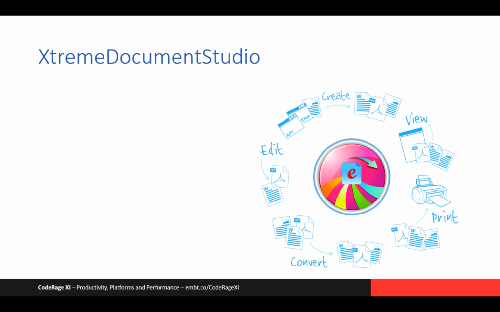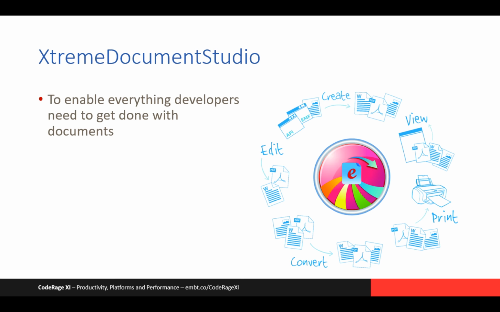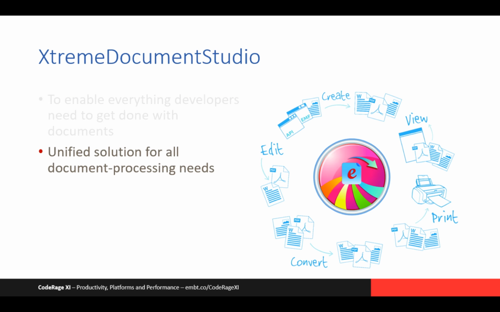So what can XtremeDocumentStudio do as of now? It's a unified document processing library to view, print, convert, export reports, manipulate documents, and create documents, all in a single solution.